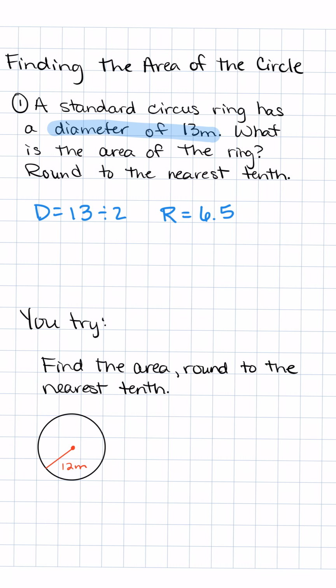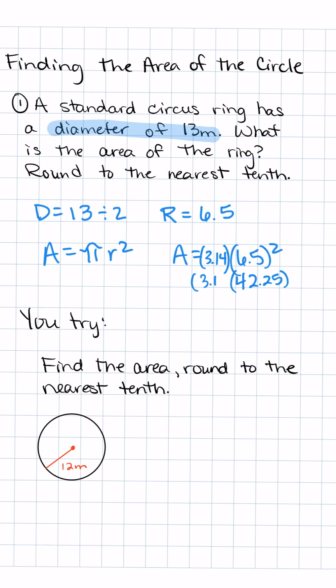So the area, right, the area equals pi r squared. We're now going to just fill that in. So this radius is going to equal 6.5, and we want to square that and multiply it by 3.14, which is pi. So 6.5 times 6.5 is 42.25.